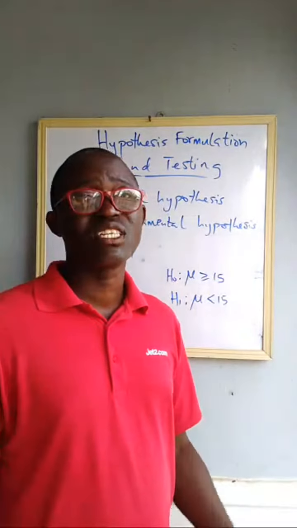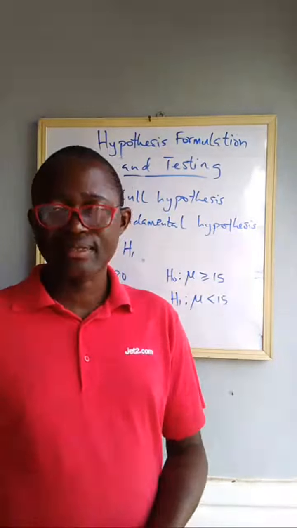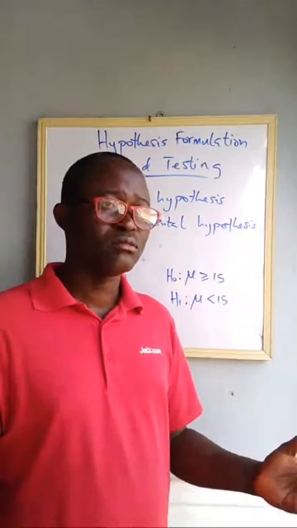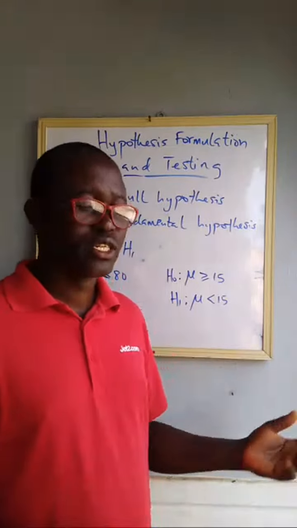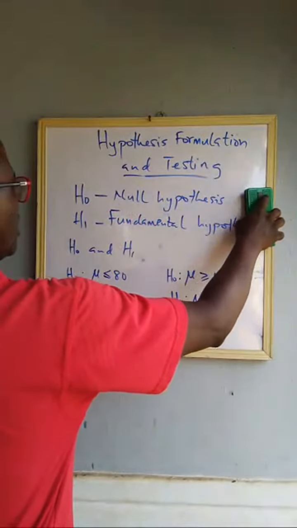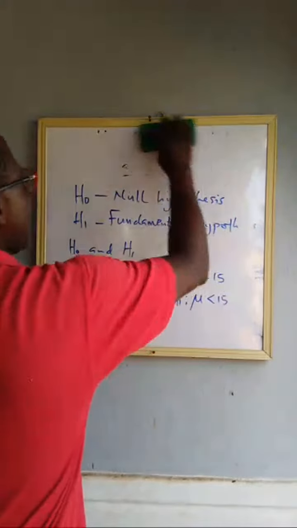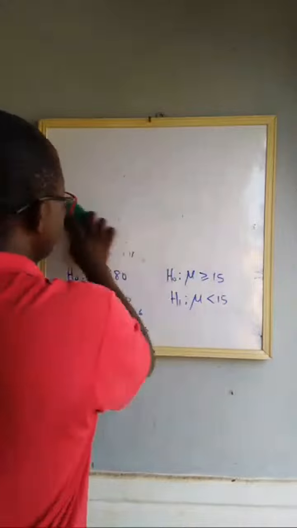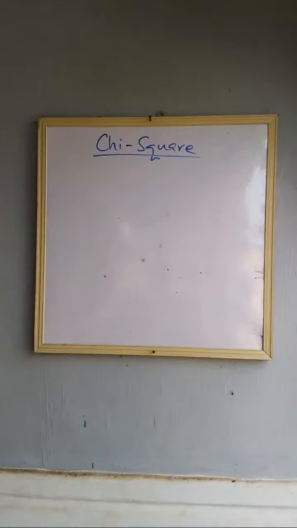We normally call them test statistics. We have several of them, and today we are going to take only one, to demonstrate. So let's look at a chi-square test.